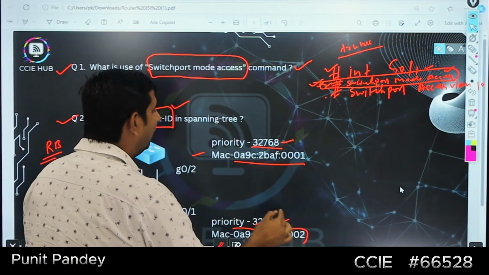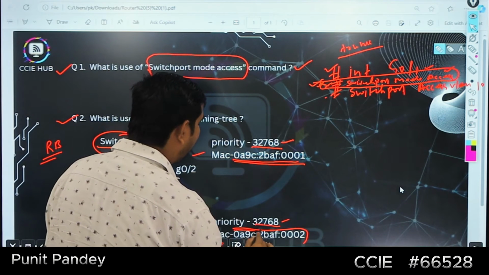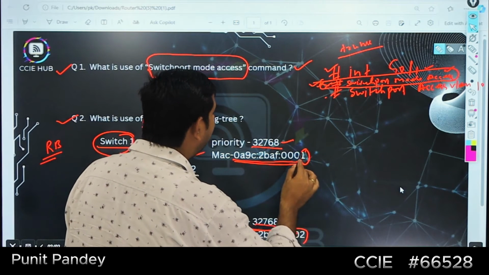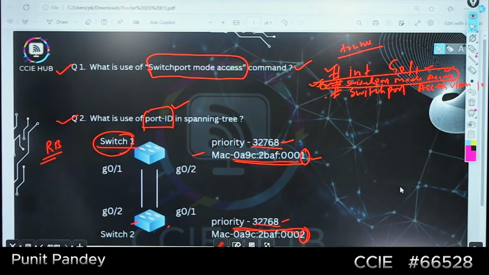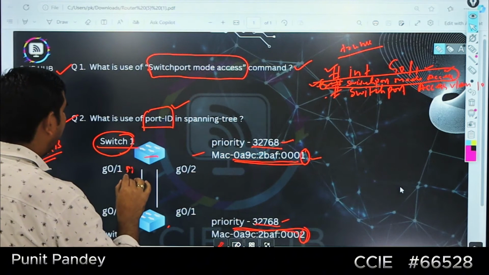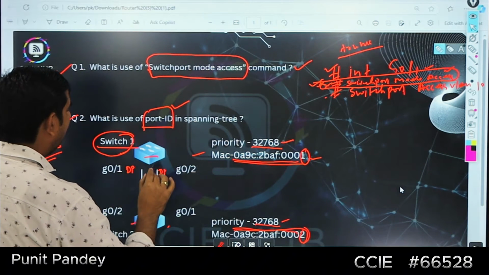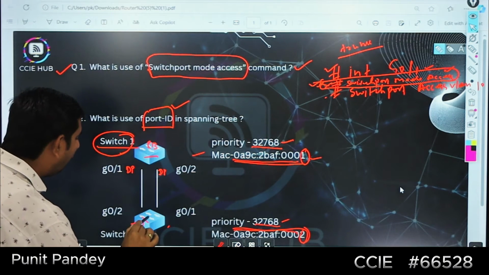Priority is the same. The MAC address is also the same until the 11th digit. Only the last digit is 1 here and 2 here. So in this topology, switch 1 is going to become the root bridge. If it is the root bridge, both ports will become DP. This is the root bridge, and this is the non-root bridge switch.